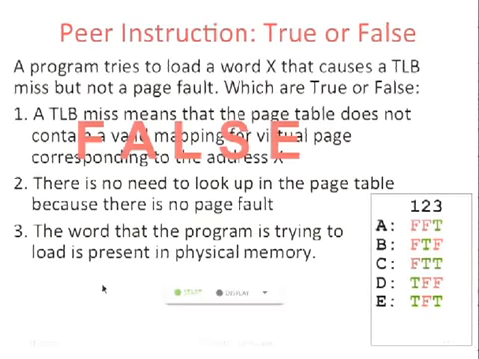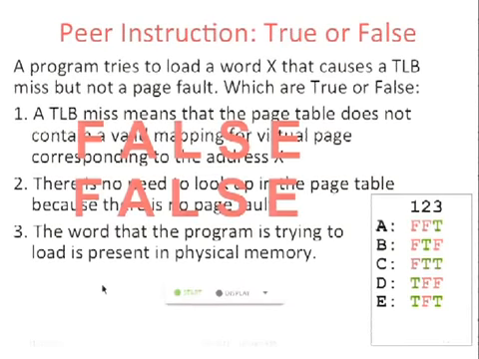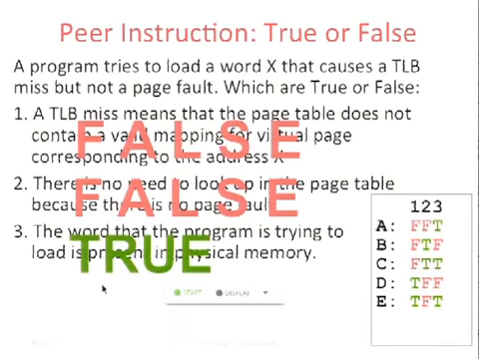Memory's big, big, big. And there's a lot of stuff mapped into memory that doesn't show up in the TLB. So that's that one. There's no need to look up in the page table because there's no page fault. I don't even know what that one means. That's false by definition. And the word that the program is trying to load is present in physical memory. Yes, because we said there's no page fault. That means what you're looking for was in physical memory. So that was there.